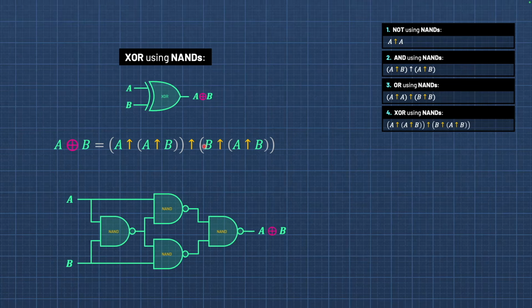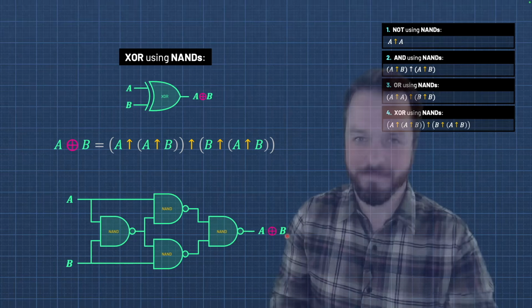And then the result of this right-hand side and the result of this left-hand side, I have to NAND those two things with this big NAND in the middle. So the result of this NAND and the result of this second one with B, I have to NAND those two results, and then and only then I get my exclusive OR result.